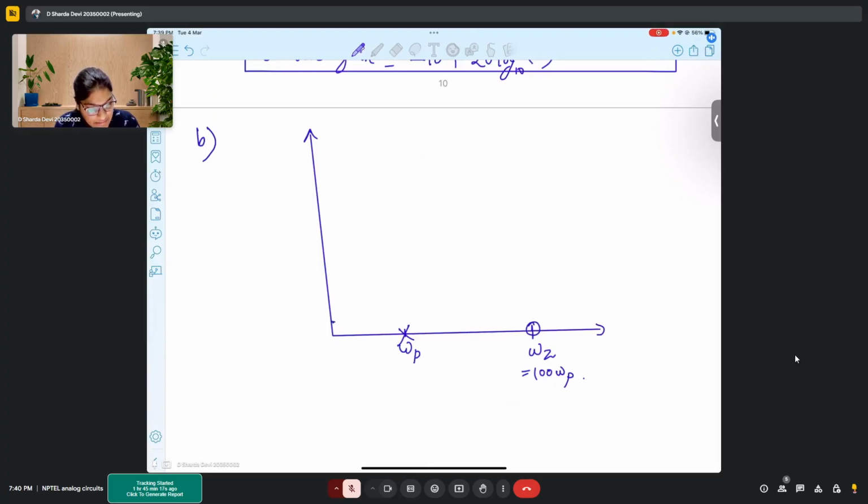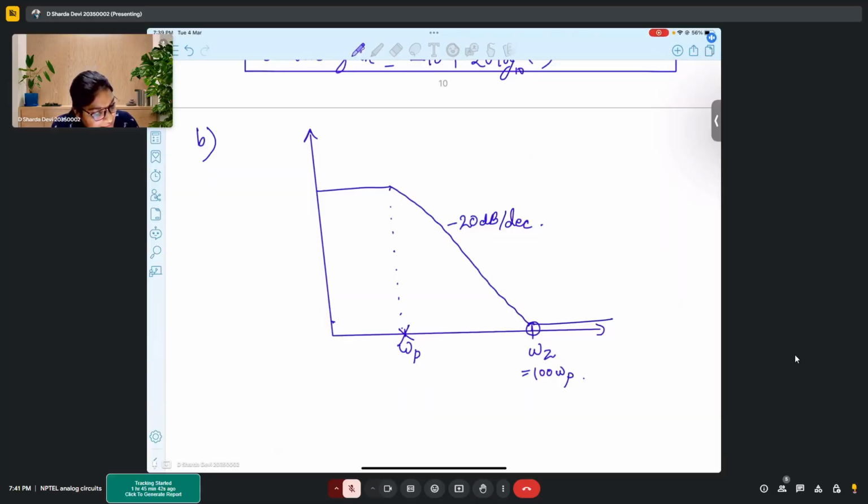Some constant gain would have been there, and after it sees the pole, the gain will start dropping with a slope of minus 20 dB per decade, and then when it encounters a zero, it becomes flat.